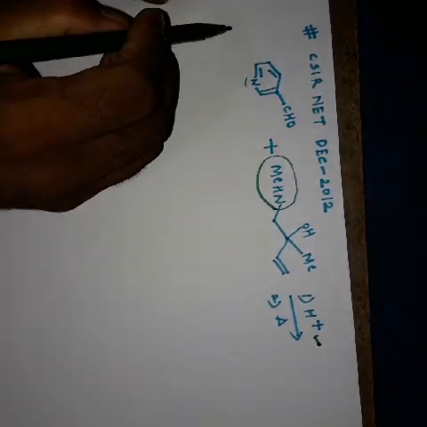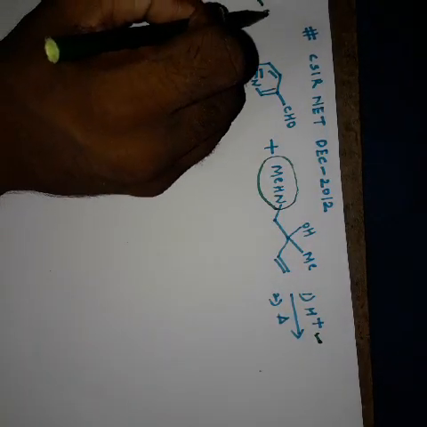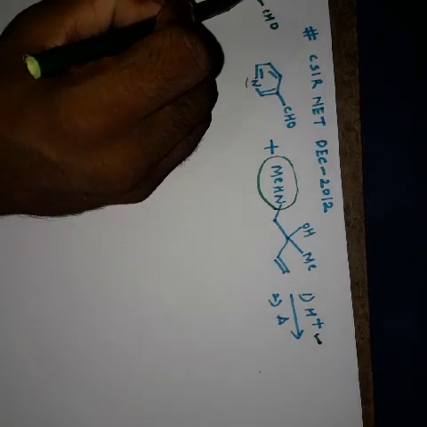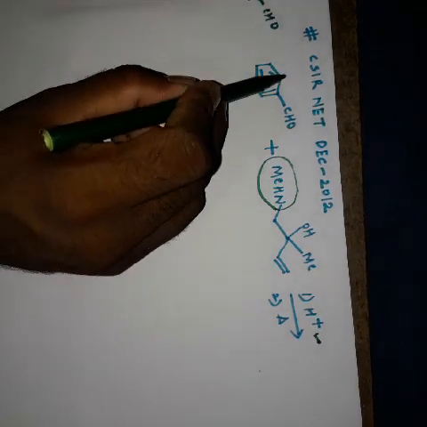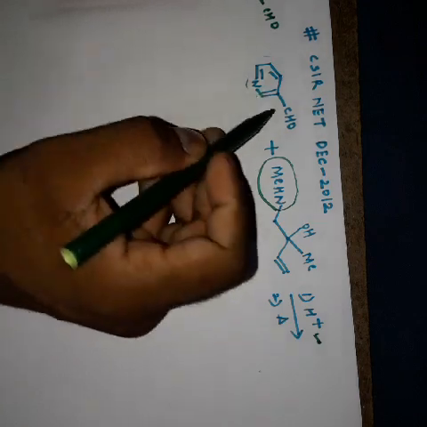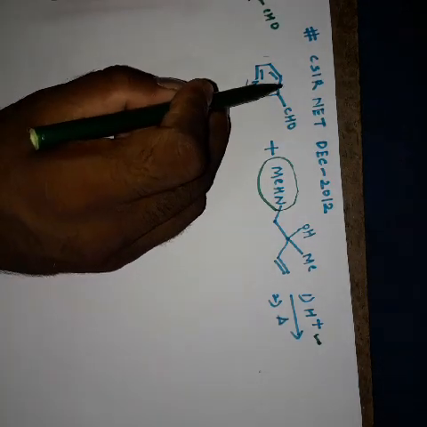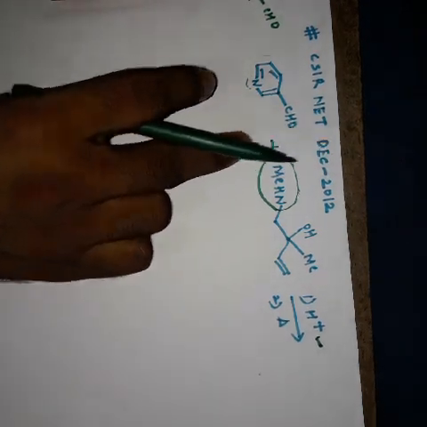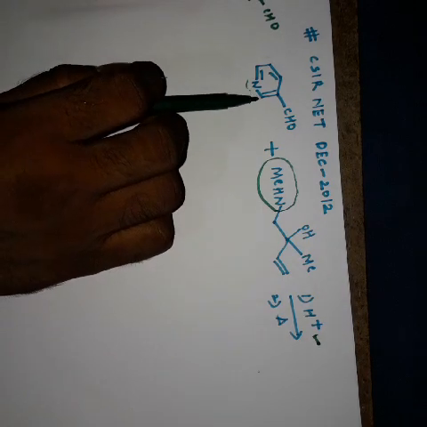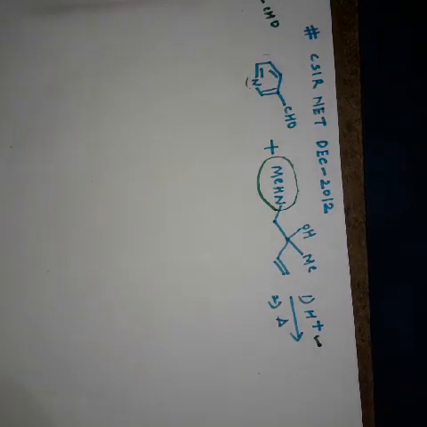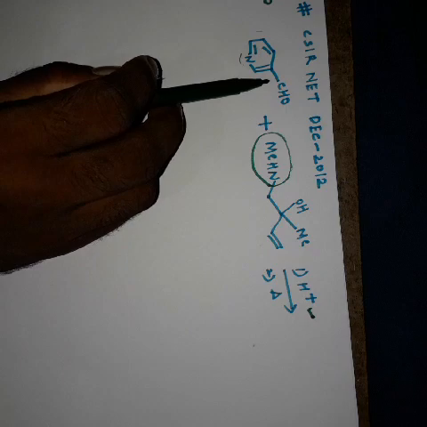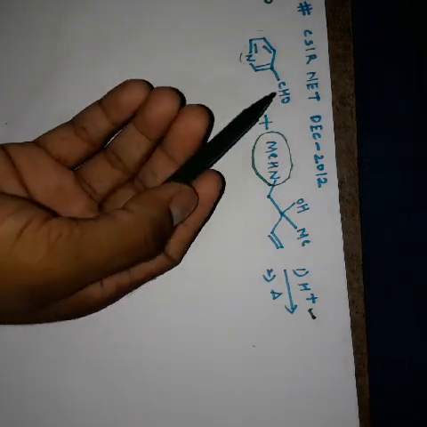We used to write formaldehyde like this, HCHO. Now instead of this hydrogen they have introduced the pyridine. Even pyridine does not have an acidic hydrogen. So this 3-formyl pyridine can also act as a formaldehyde. So we have a formaldehyde-like moiety, meaning an aldehyde-like moiety.